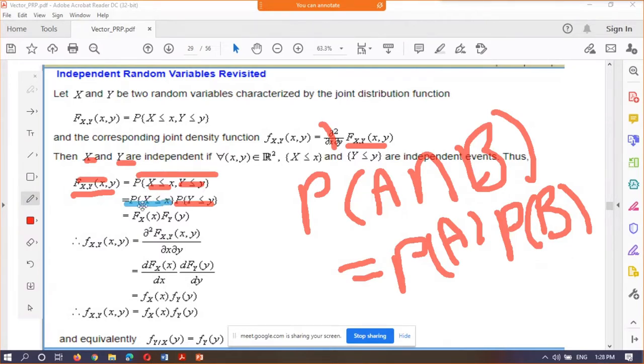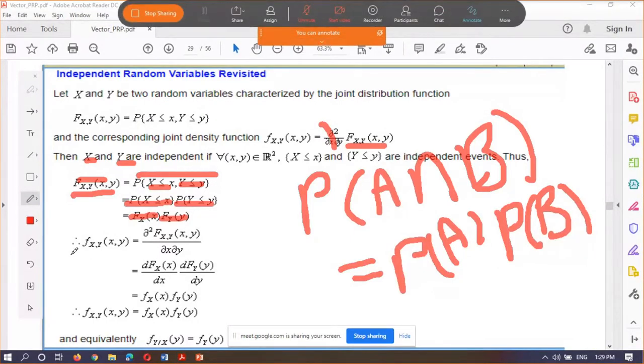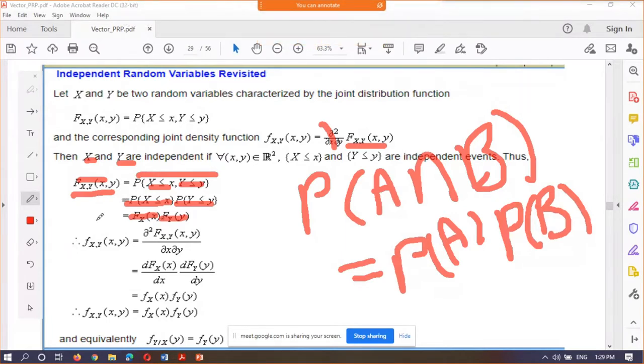And this first factor is actually the cumulative distribution function of X, and the second one is the cumulative distribution function of Y. This is true only for the case when x and y are independent. If x and y are not independent, then this result will not hold.